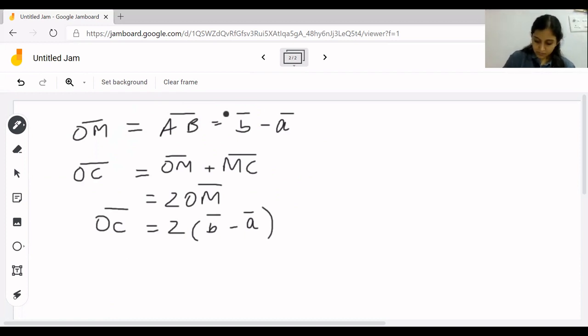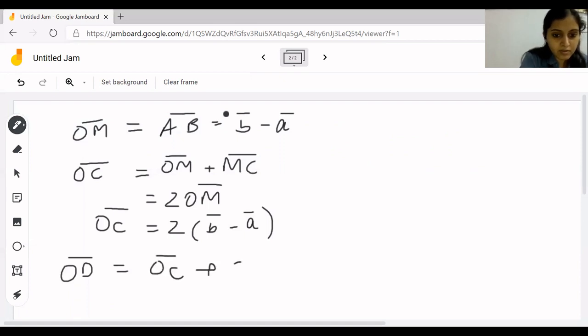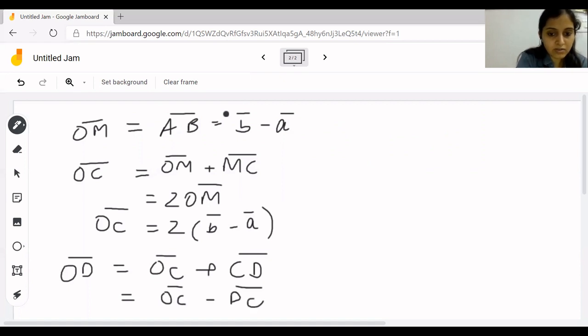Now, next OD bar. OD bar is equal to OC bar plus CD bar, which is equal to OC bar minus DC bar. Now what is DC equal to? DC will be equal to OA, and OA is parallel to DC.